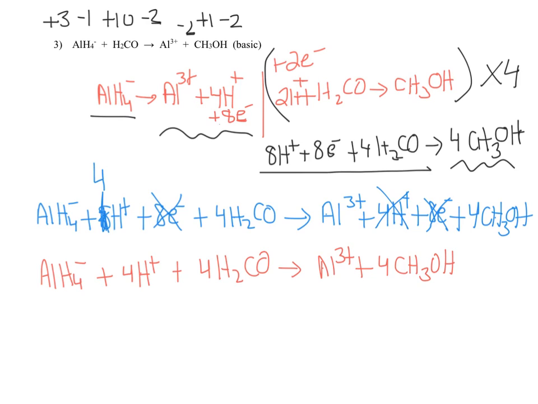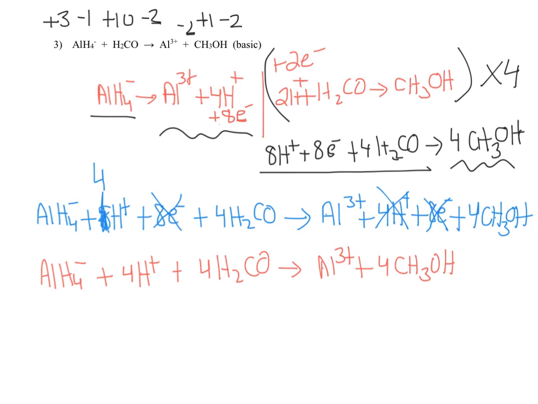All right, finally we get to use step 8. Step 8 says if basic, and it is basic, you add an OH minus to both sides for each H plus. So we have some H pluses there. You can't have extra H pluses in a basic solution because H pluses means it's an acid, right? So if you have any H pluses in a basic solution, like if you had an acid to a base, they react together.